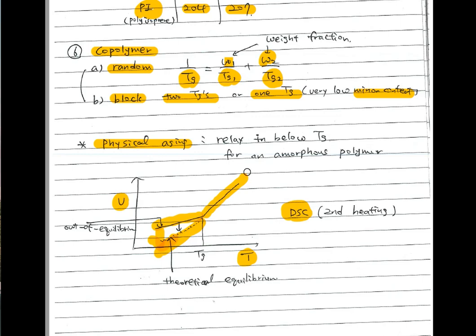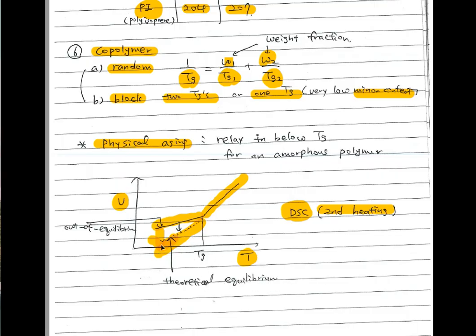Remember? That's how you measure DSC for any kind of samples. And from the second heating, you basically determine Tg or Tm. The reason why is there is a physical aging, the relaxation to theoretical equilibrium.